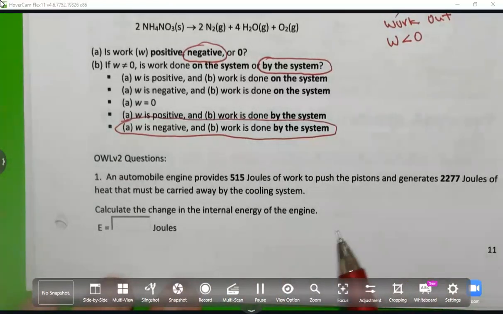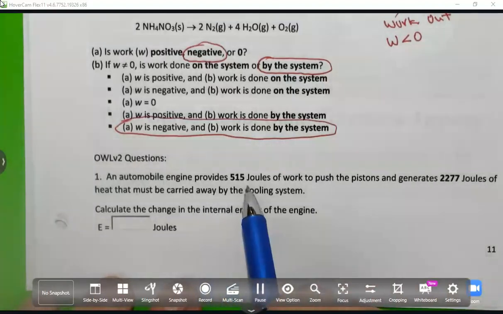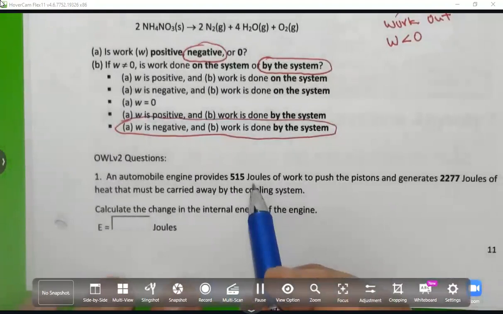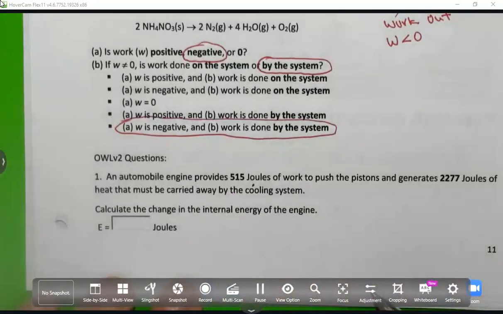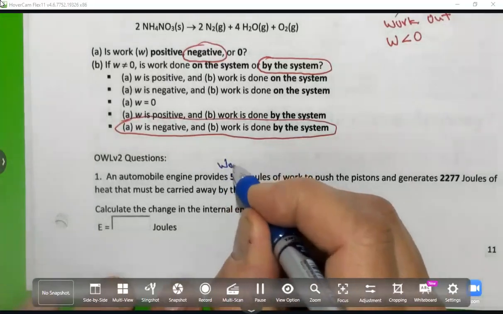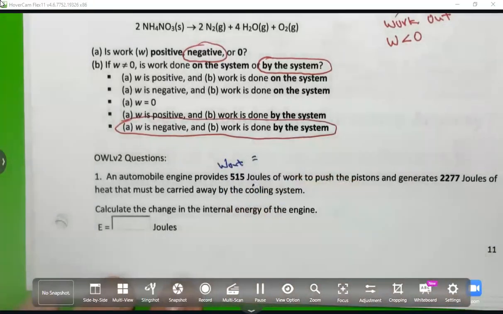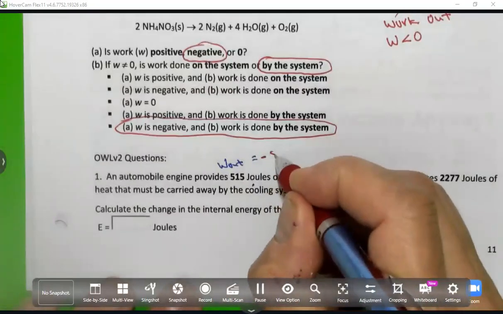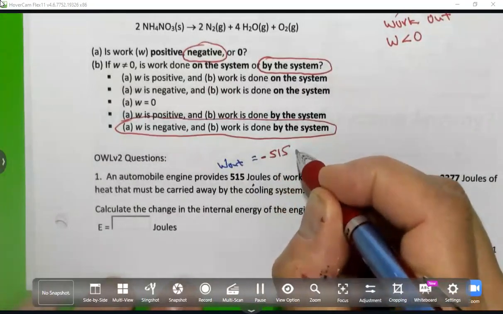Here's an OWL example. An automobile engine provides 515 joules of work. Provides work. Is work going to be coming out? You're going to get work out, right? Work out is going to be negative 515 joules.